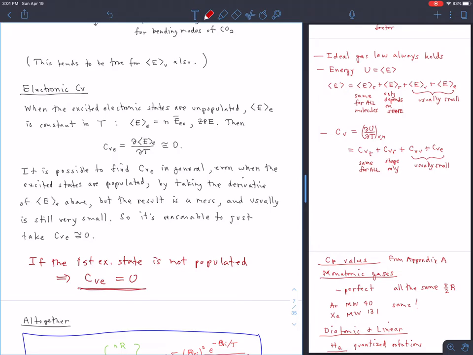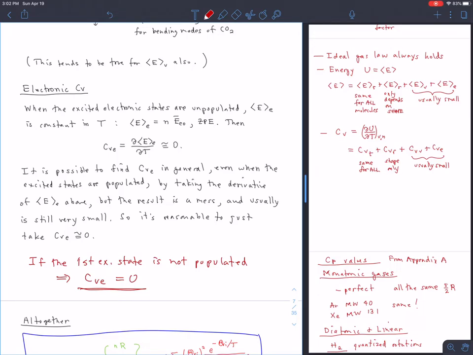There's just no place to put the energy, right? The heat capacity is about raising the temperature a little bit and then storing some energy in your molecule as a result of raising that temperature. And if you're not populating that first excited state, there's no place to put extra energy. And so until you start populating the first excited state, the electronic heat capacity is 0.